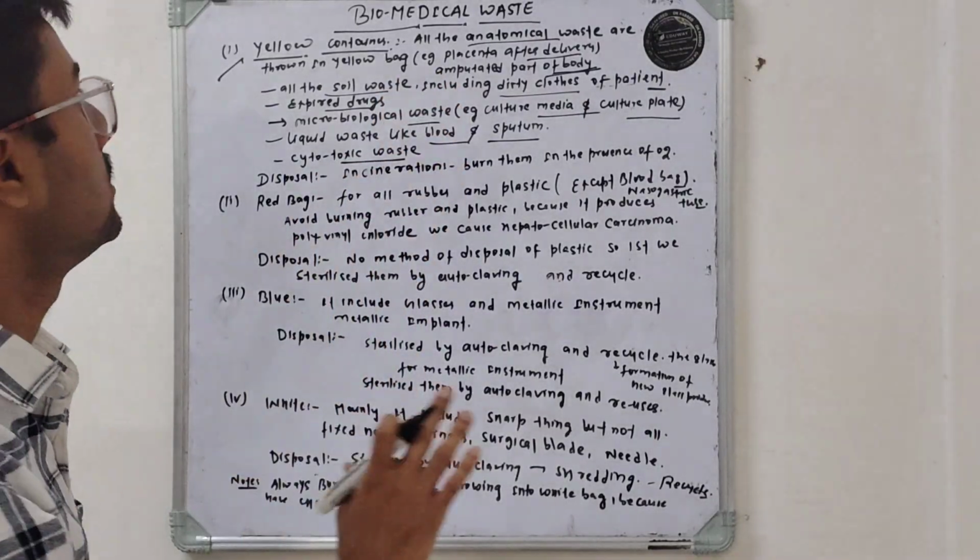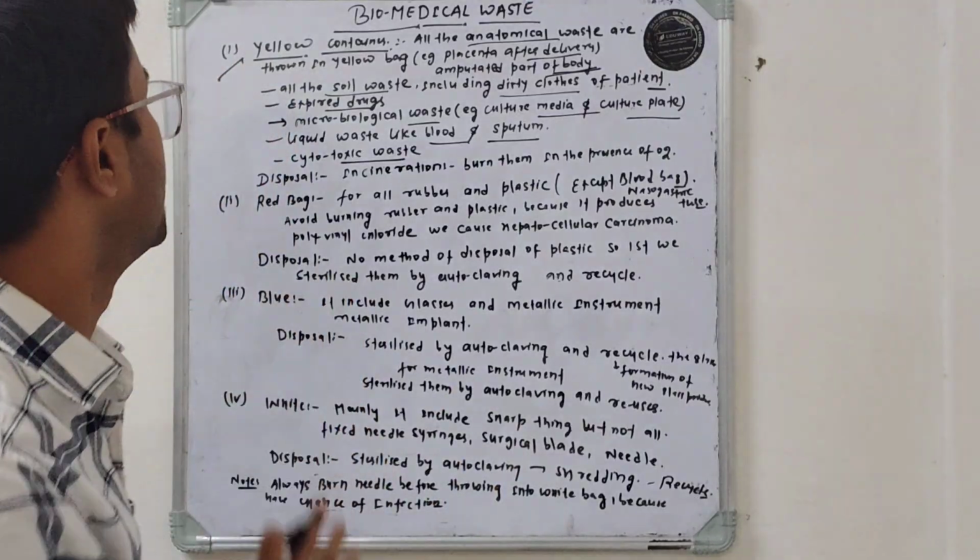So these are all the waste which we throw in the yellow category.